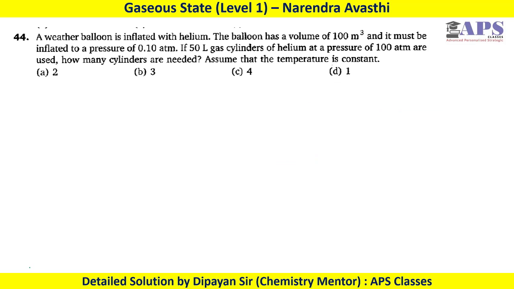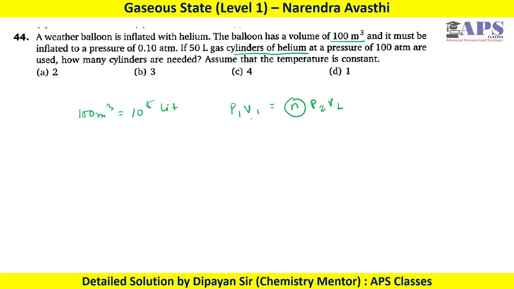In question number 44, we have a balloon of 100 meter cube. So 100 meter cube is basically 10^5 liter. Now we have to fill this balloon using cylinders of helium. So here we can write P1V1 multiplied by n equals P2V2, where n is the number of cylinders we use in this case.